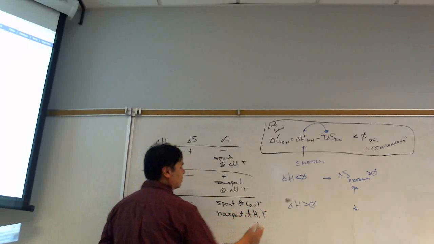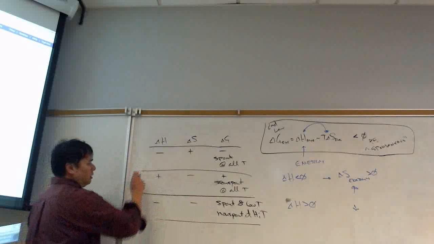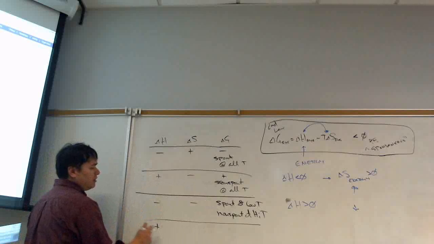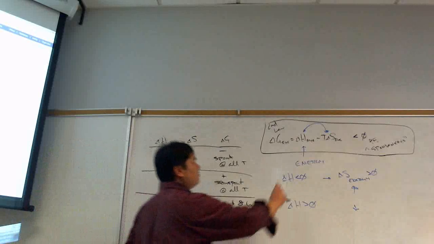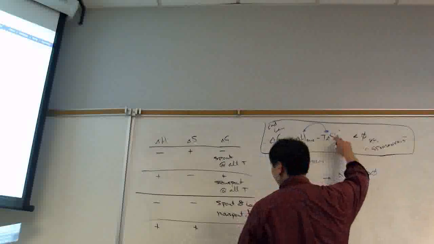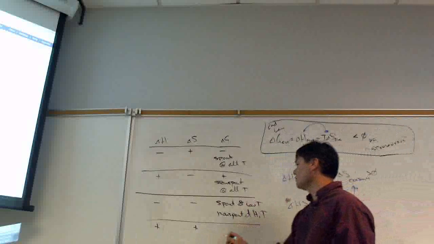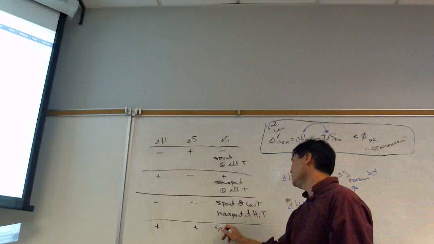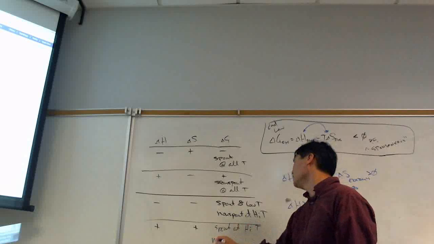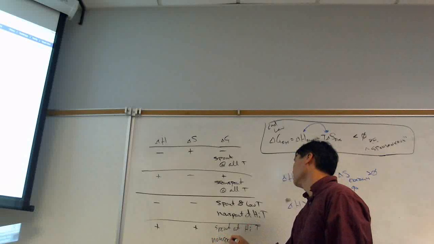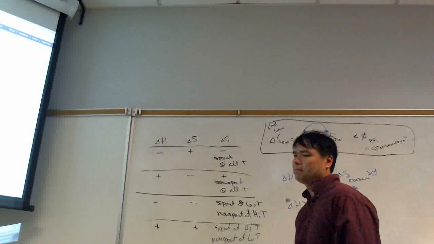Low and high is relative, depending on what we're looking at. Or the energy can be unfavorable, but the entropy can be favorable. And so if the energy is unfavorable, but the entropy is favorable, then we want to favor the entropy to force the reaction to go by increasing the temperature. And so this would be spontaneous at high temp, non-spontaneous at low temp.